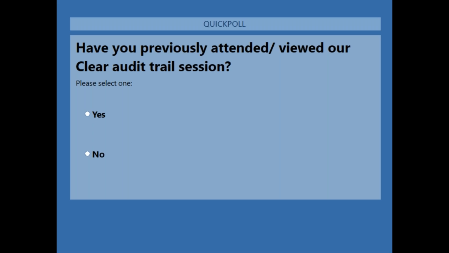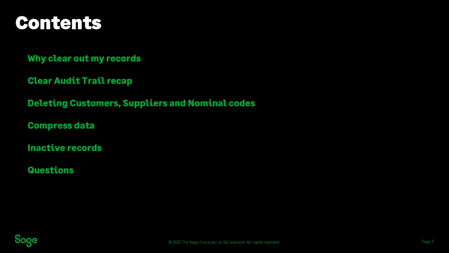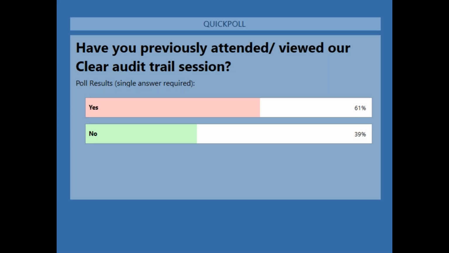So we'll just give that a moment or two for you to submit your answers. I'd like to get around 70% of you voted, just so we've got a good portion of you. They're coming through now. So we just hit 75%, so we'll close that down. At the moment, the majority of you, 61%, have. We do have a portion of you who haven't, but don't worry. Like I say, we're going to do a quick recap of that process in today's session.